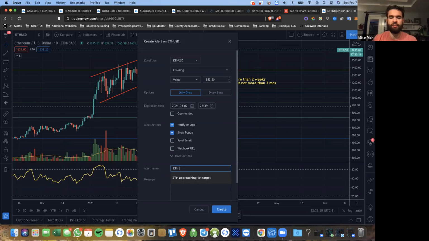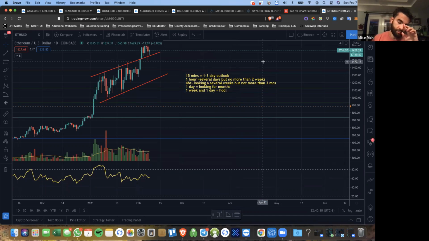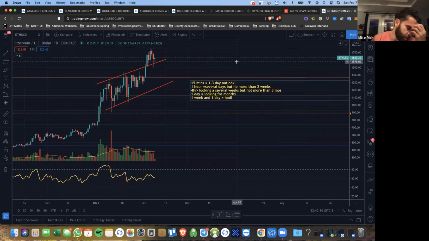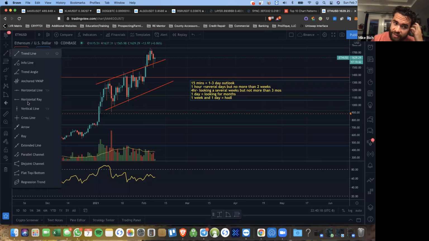Ethereum, correcting. Okay. See, I'm going to know now. It's going to correct to 833. No, I don't know. There's a gap here. So that's what I was identifying.